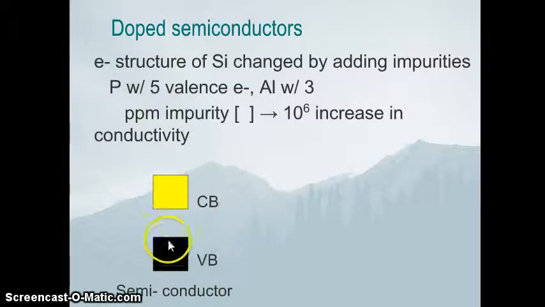Remember how we said the electrons going from here to here are our conduction band? Well, it turns out if we add a little bit of impurity, basically make it impure, we can make it more conductive. It doesn't change the band gap at all, but once it's conducting electricity, it conducts it much more efficiently.